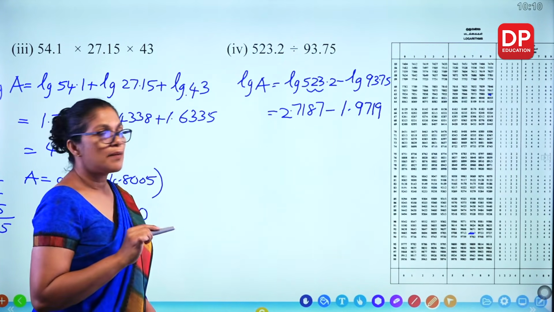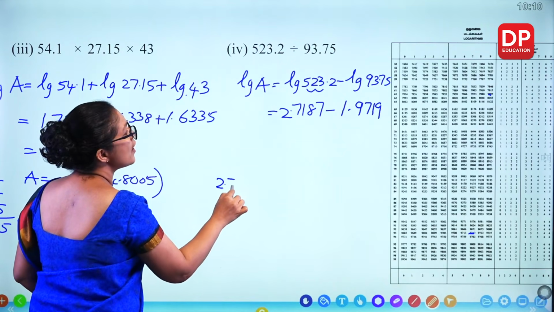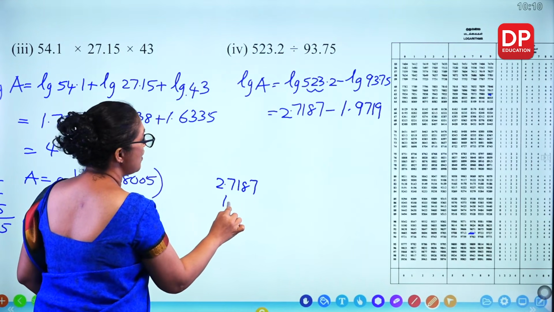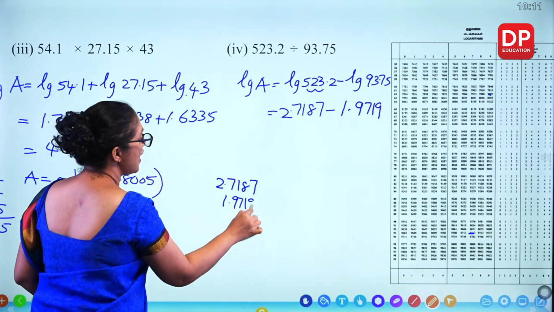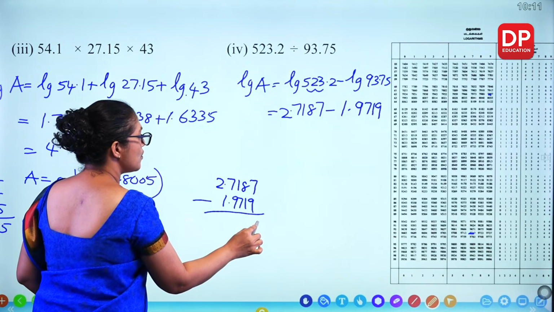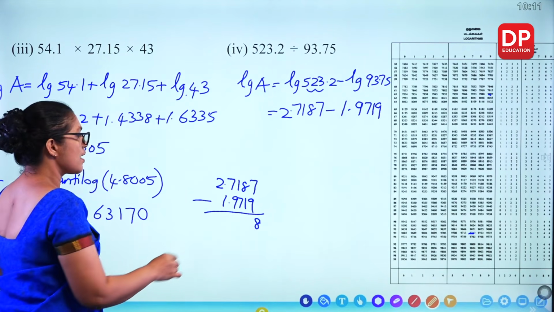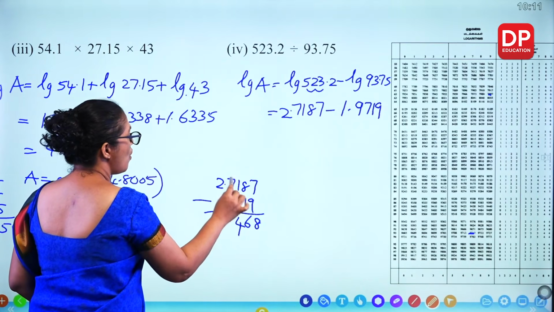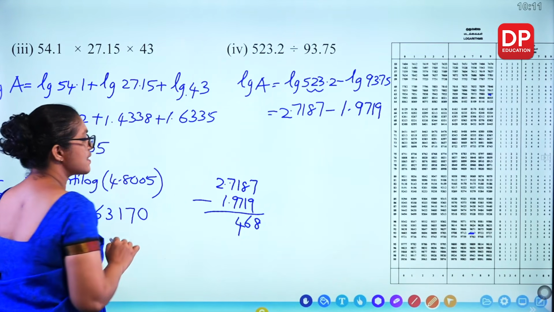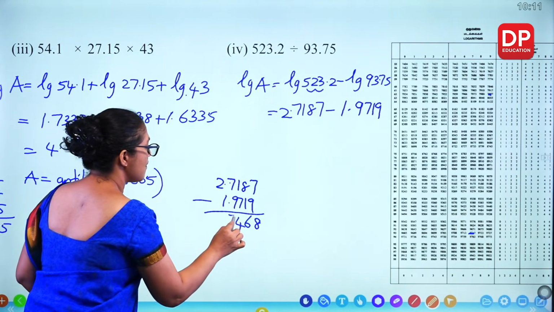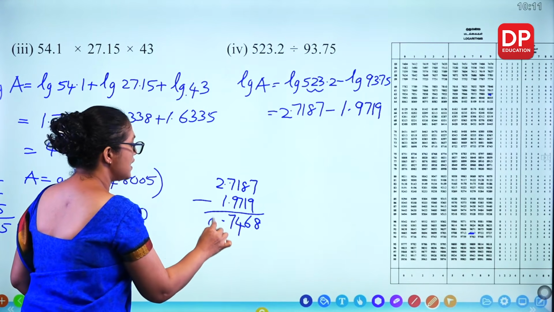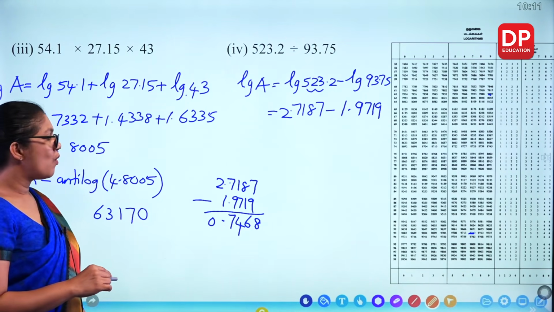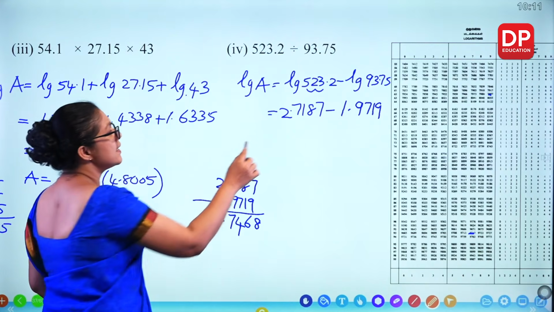We need to subtract the two values. 2.7187, 1.9719. Subtract, you get 8 and 6 here, and 4, and for 16 that's 7. So 0.7468.